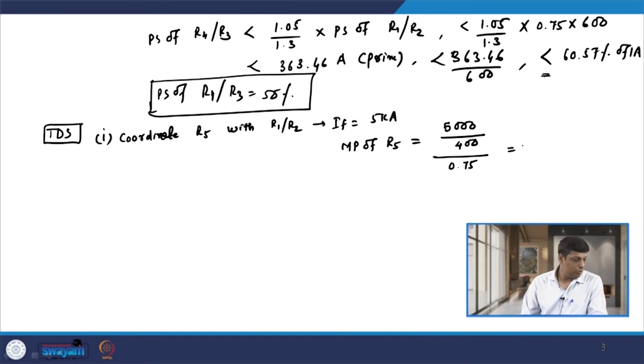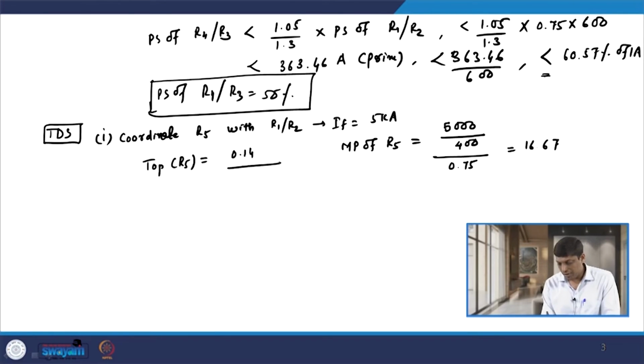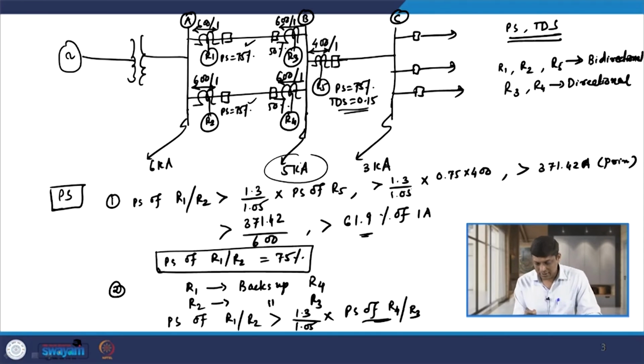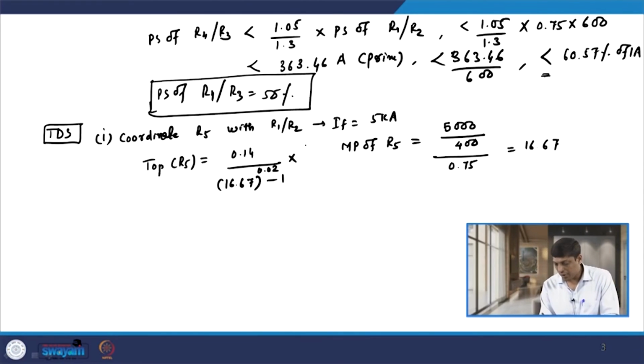That comes out to be the value 16.67. If I use this value of MP of R5, then we can find out the time of operation of relay R5, that is equal to 0.14 divided by MP, that is 16.67 raised to 0.02 minus 1, into TDS. TDS of R5 is given as 0.15. So, I can put the value 0.15. If you solve this value, that comes out to be 0.363 second.